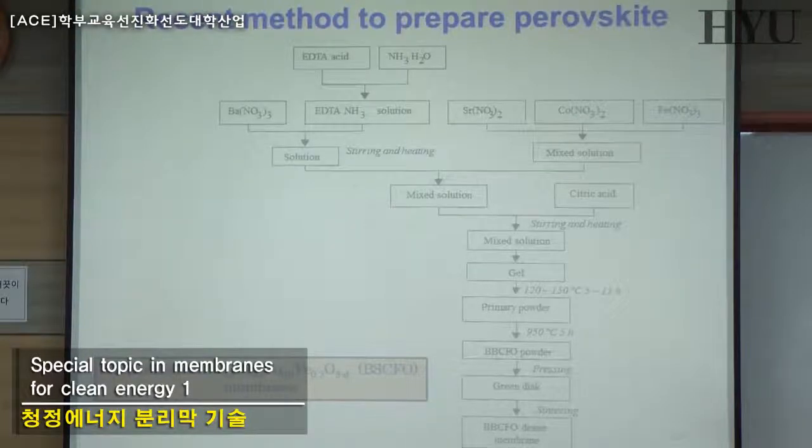Well, I'm not an expert, and I'm not intending to specifically ask you how to make this, but this might be some sort of an art, okay? Depending on the temperature, depending on time, and pressing or unpressing, and sintering temperature, the functionality and the performance of this perovskite membrane were quite different.